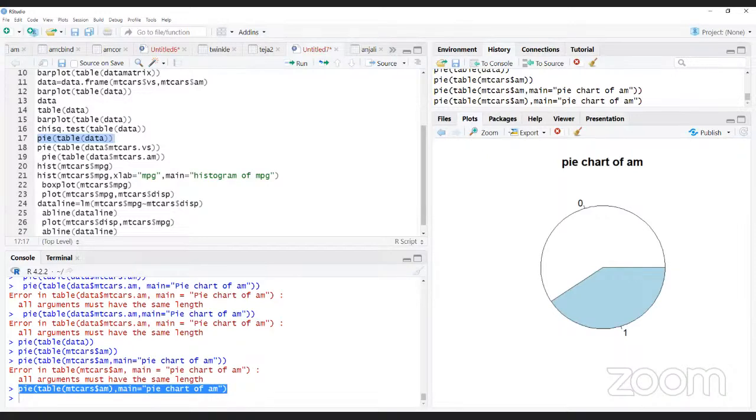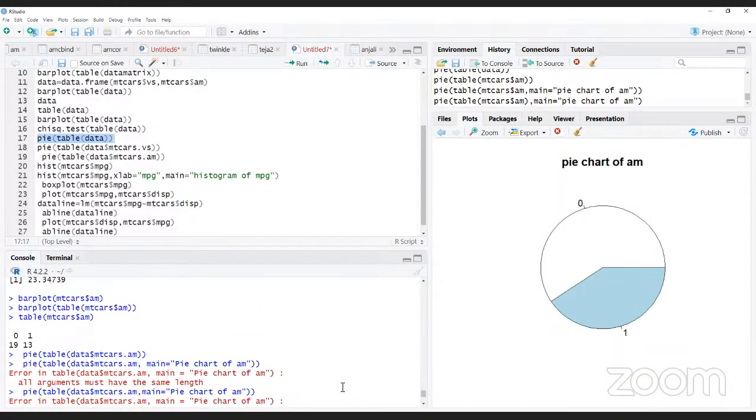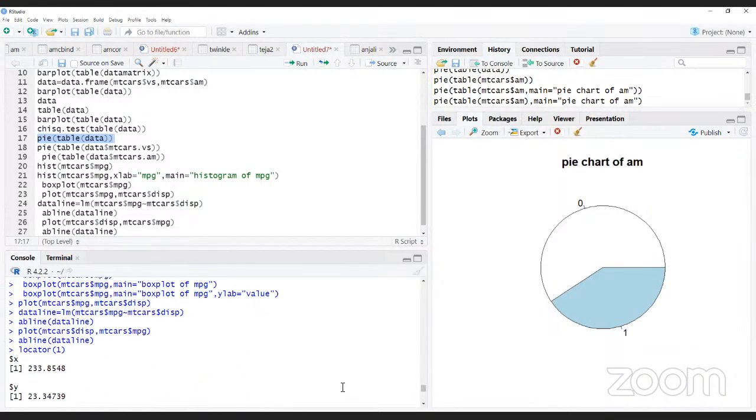Usually used for prediction. By using the hash sign, you can write down the comment. That is better.